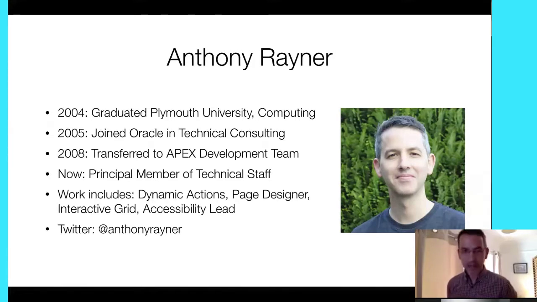Developed dynamic actions with some other people for Apex 4.0, and then in more recent releases, Page Designer and Interactive Grid work. I'm also the accessibility lead for the team, so I take care of accessibility testing, ensuring that Apex is both accessible to developers who need it to be, but also for users of Apex applications that they get a good user experience as well. That's me.